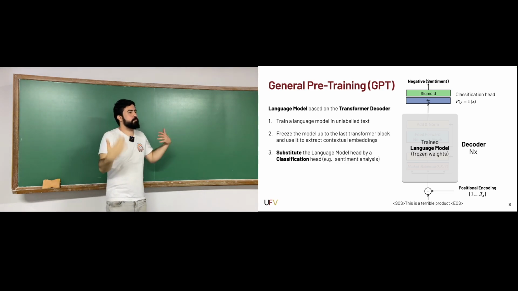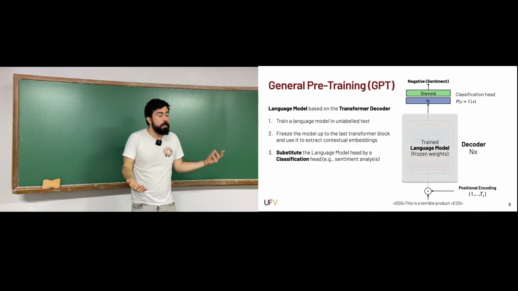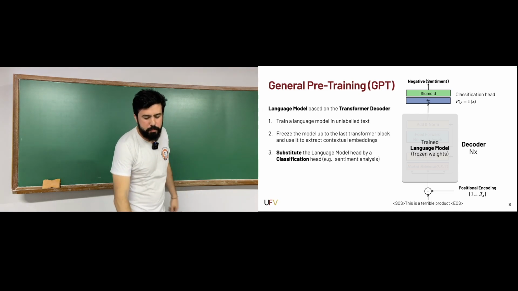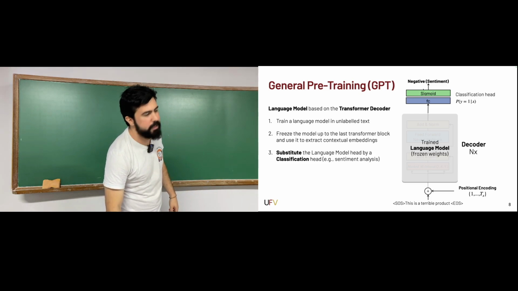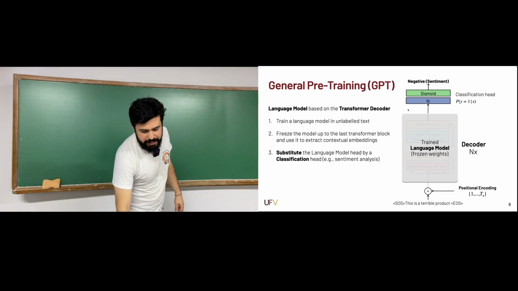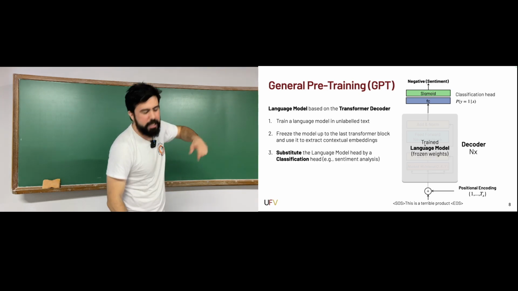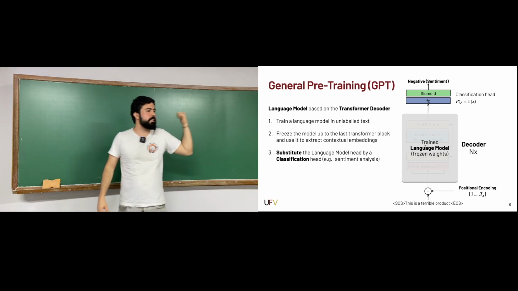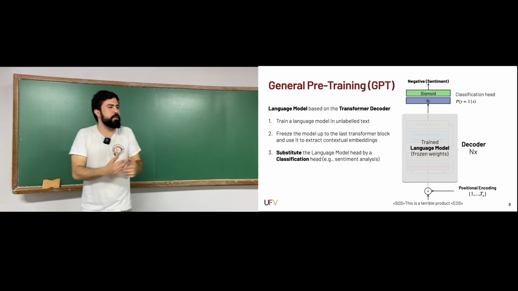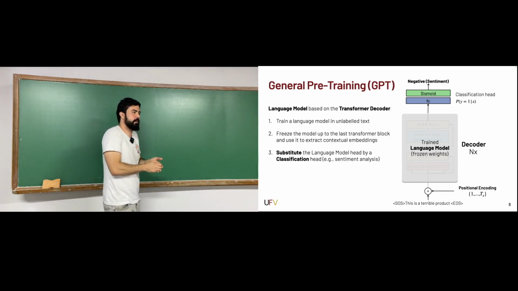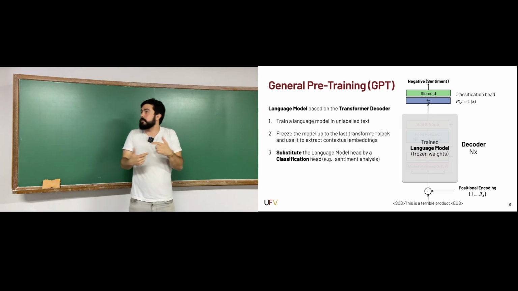It's either negative or positive, so it's either 1 or 0. Those two layers on top are new, fresh weights, randomly initialized. But the weights below were trained before on a language modeling task, which has nothing to do in principle with sentiment analysis. It's just predicting the next word.